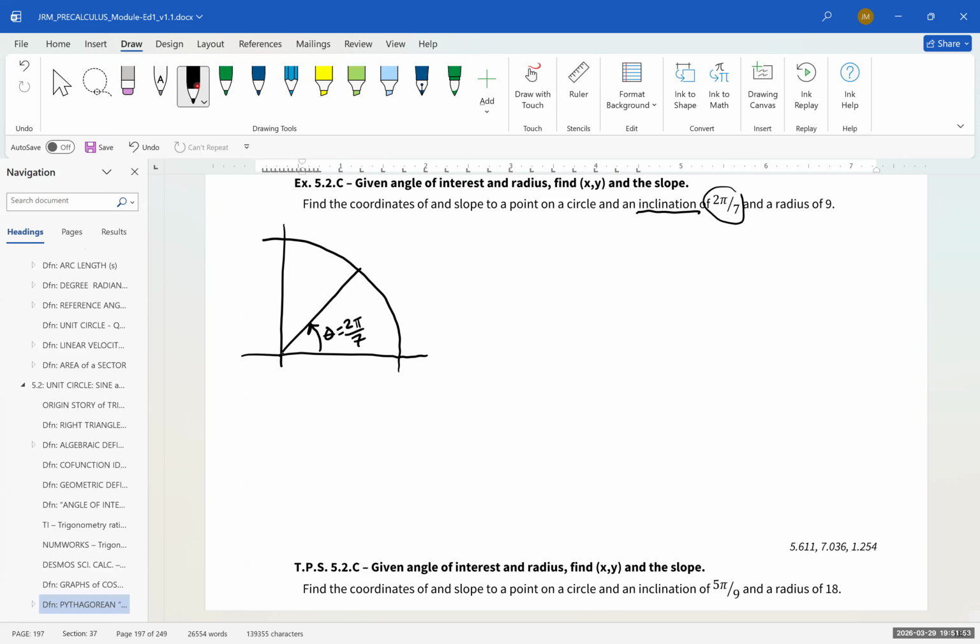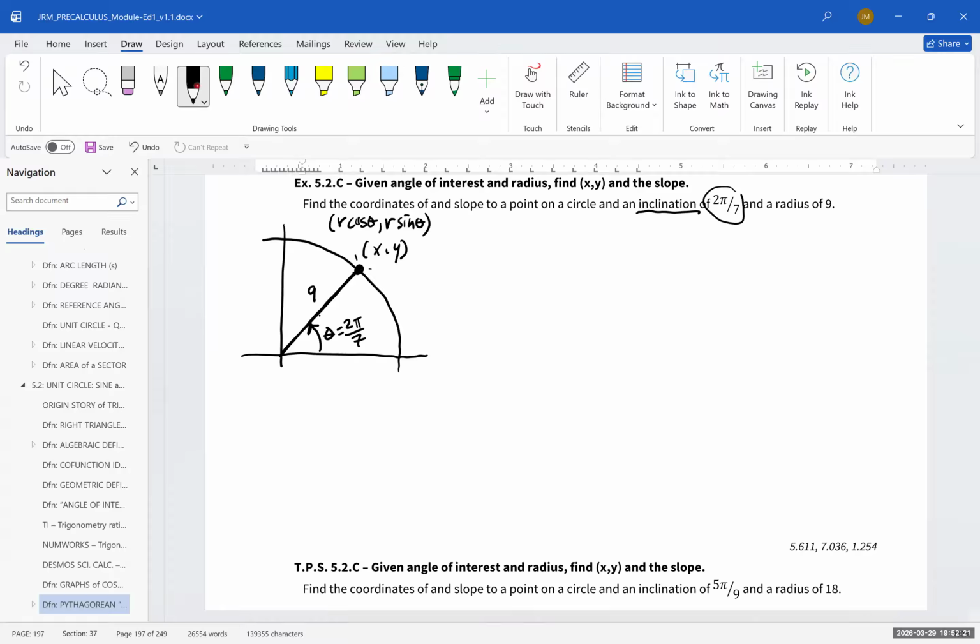And this distance from here to here is 9. What we're looking for is the x and y coordinate of that point. The x coordinate is going to be r cosine theta, and the y coordinate is going to be r sine theta.